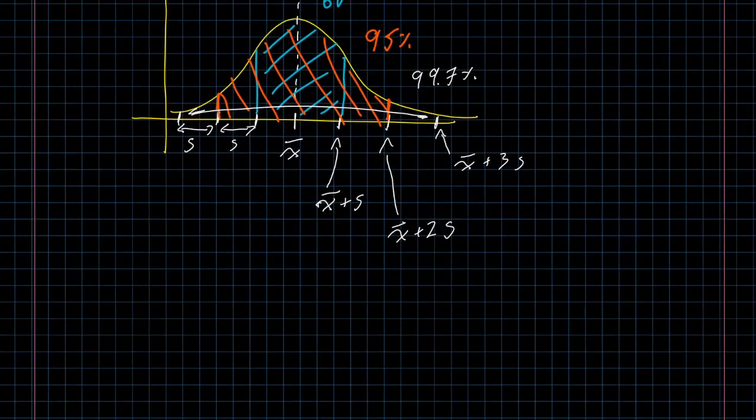So a z-score, when you have a sample, like I have this set up, we will write that z is the deviation from the mean, x minus x bar, scaled in terms of standard deviations, so divide by s.